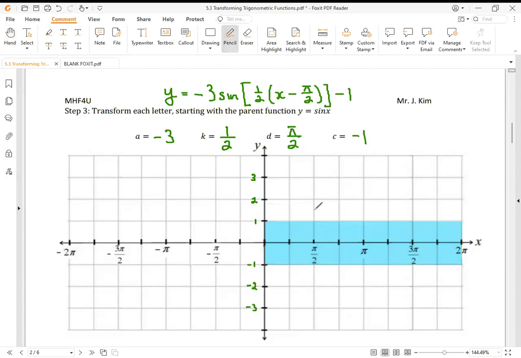Let me keep that there for now. You don't have to do that yourself, but anyways, we have starting from 0, 0, and 0. Please note, I am expecting you to sketch a sine curve very comfortably without having to do any calculations from our previous lesson.